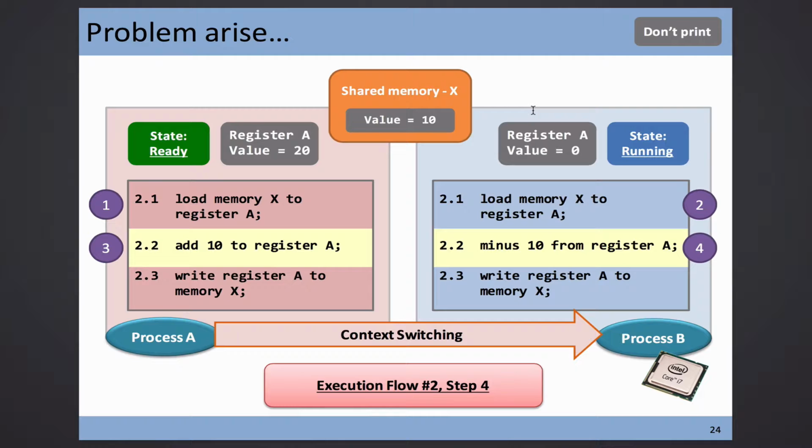Can you say anything about it? Yes, you can say something. No matter how the execution ends, I don't care whether it is 1, 3, 2, 4, then 2, 3 of process A or process B, we will have wrong results.